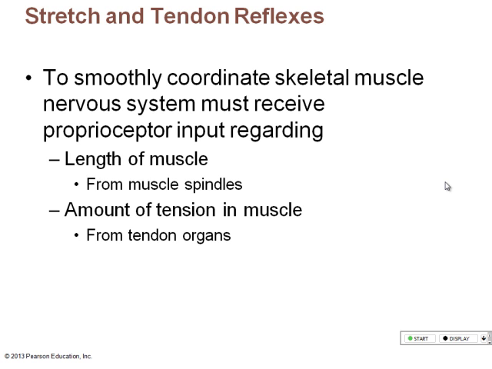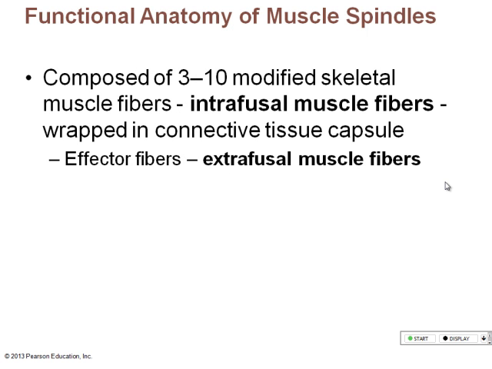So, stretch and tendon reflexes are going to help coordinate skeletal muscles. They're going to help coordinate movements. They are associated with the length of a muscle or the amount of tension on a muscle. This is what's going to start the reflex arc going. So, they talk about something called spindles or muscle spindles.